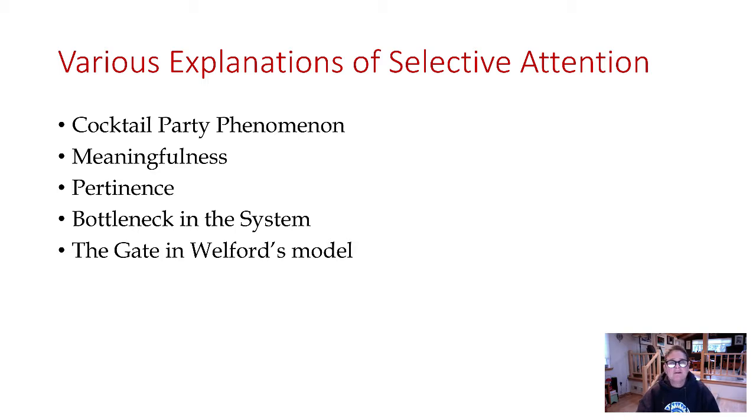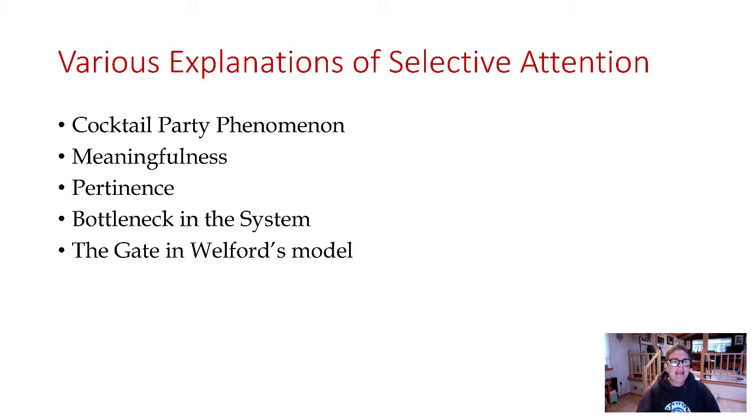It's called the cocktail party phenomenon because even though you're looking at the person who thinks you're listening to him or her, your ear is actually orienting around the corner so that you could selectively attend to the information in the kitchen and hear that conversation.